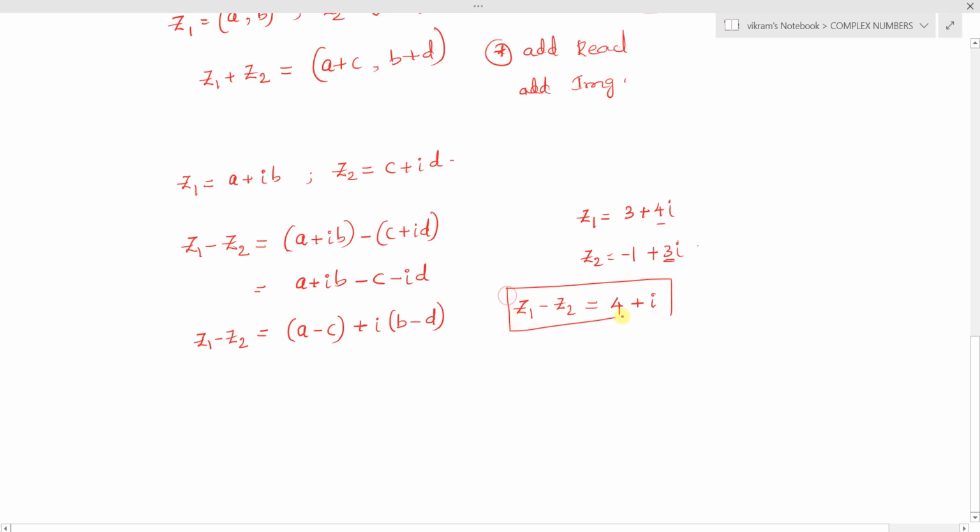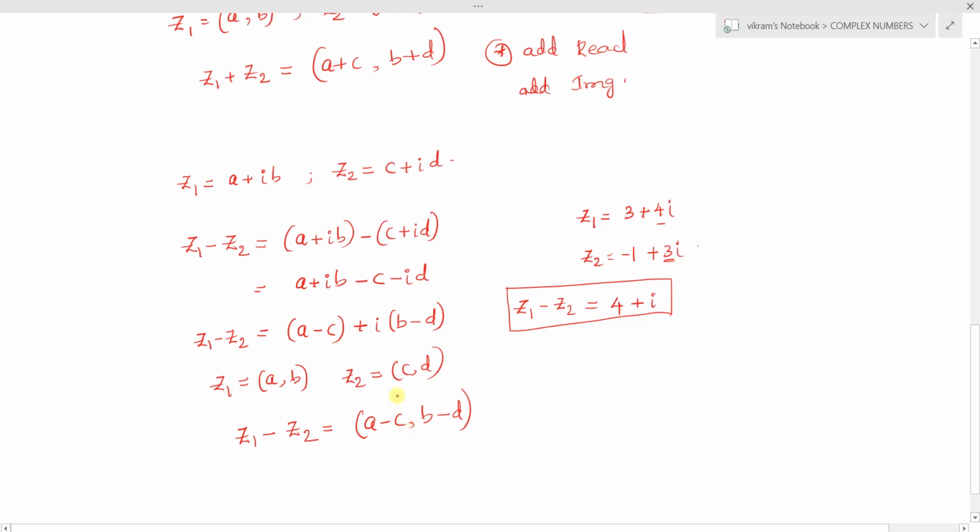So which is the subtraction of the two complex numbers, and which can be represented in the point form as z1 equal to the ordered pair a comma b, z2 equal to c comma d. Then we can write z1 minus z2 equal to a minus c comma b minus d, which is the resultant of the subtraction of the two complex numbers.